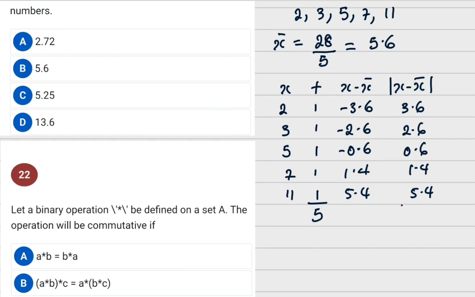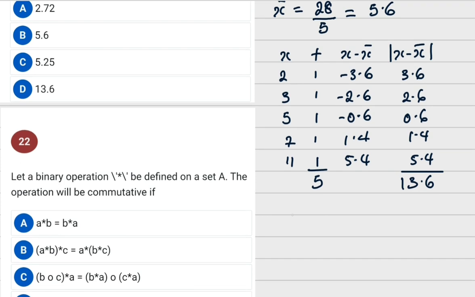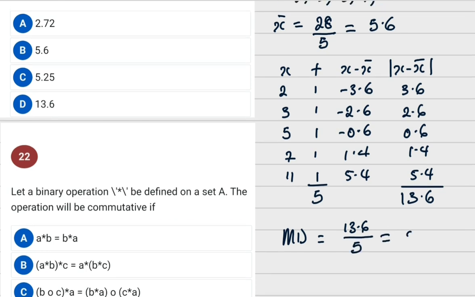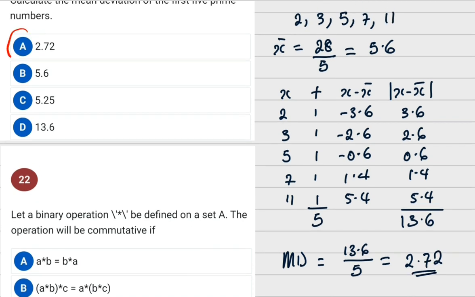So let's just sum it. Summing it, you are going to get 13.6. Now, the mean deviation will be 13.6 all over 5, and 13.6 all over 5 will give us 2.72. So if you check, the answer is option A.